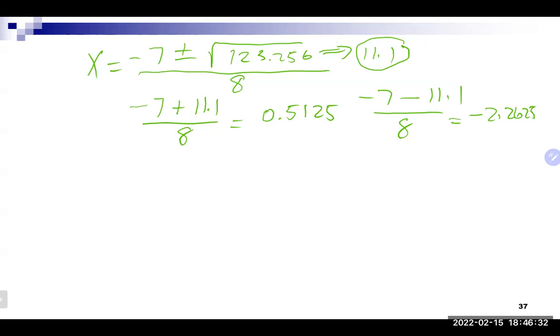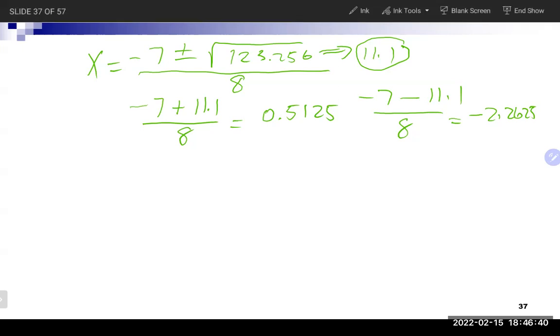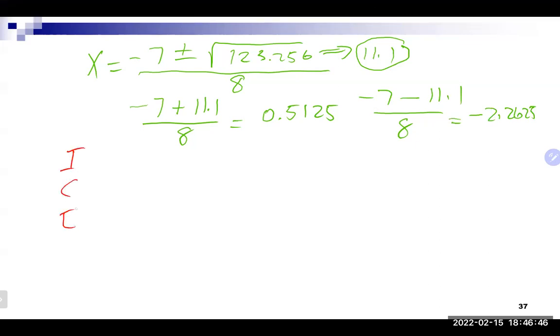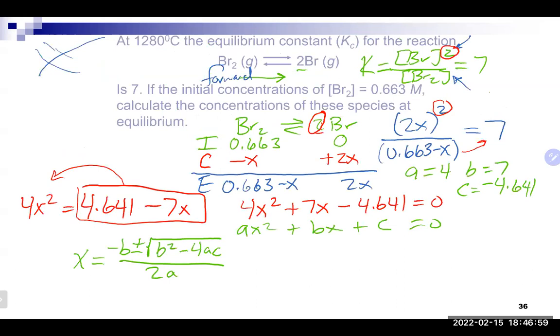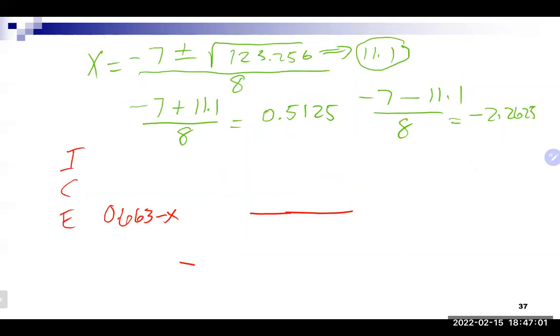Now, when you do the quadratic and you get 2 x values, one of them will make sense and one of them will not. So I'm just going to recopy the equilibrium part of our table. In the equilibrium part of our table, we had 0.663 minus x, and that was for Br2.